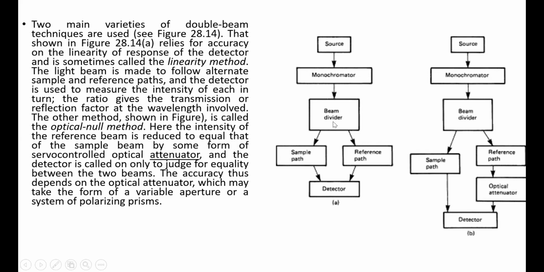So light will pass through both, and whatever light is absorbed or transmitted, you can choose whether you keep your instrument on absorbance mode or on transmittance mode, whichever value you want to go for. You can ask the instrument to give the absorbance value. If you want the transmittance value to be noted, you can ask the instrument to provide the transmittance value also.